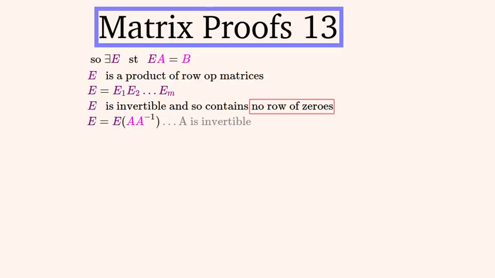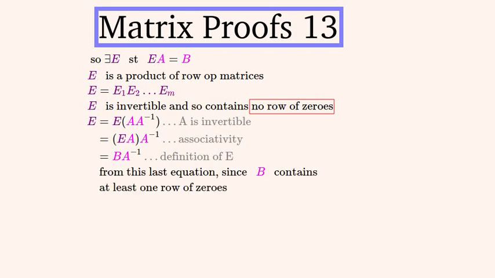We've stated that A is invertible, and so we can do this. Then we can swap the brackets using associativity. And we know that EA is equal to B, because that's how we defined E. So we know that B contains a row of zeros, because it's in reduced row echelon form, and isn't the identity matrix. So E must have a row of zeros too.